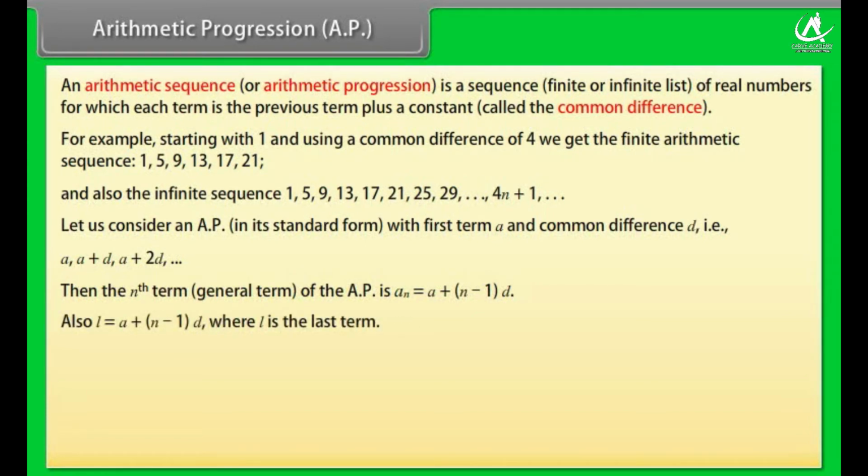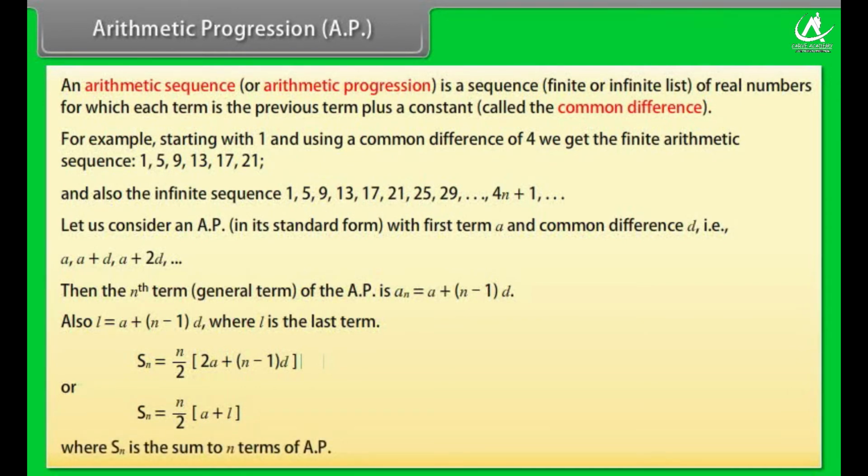Also, l = a + (n - 1)d, where l is the last term. Also, Sn = n/2 (2a + (n - 1)d), or Sn = n/2 (a + l), where Sn is the sum to n terms of the AP.